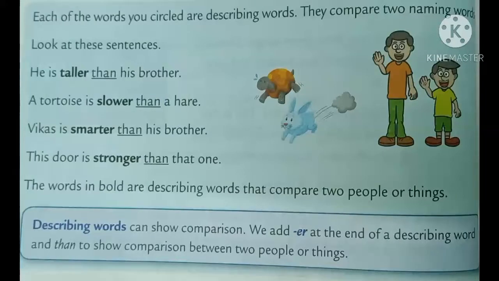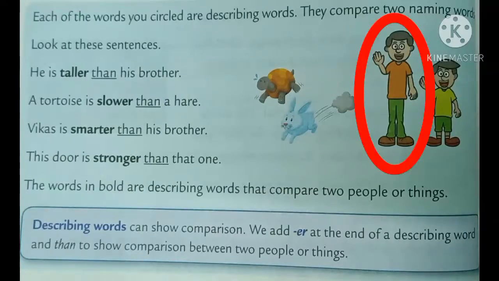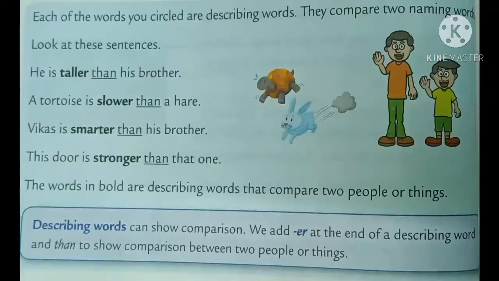Now, have a look over here, children. I described this boy as a tall boy. So what was the describing word? Tall was the describing word. Now, when I wanted to compare these two boys, I said that he is taller than his brother. Again, I added er and than. So, children, this is the way the comparison was done.